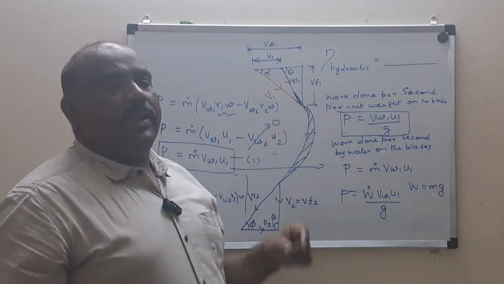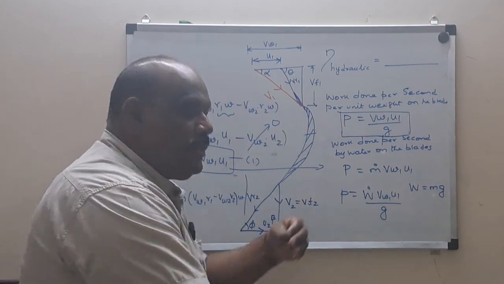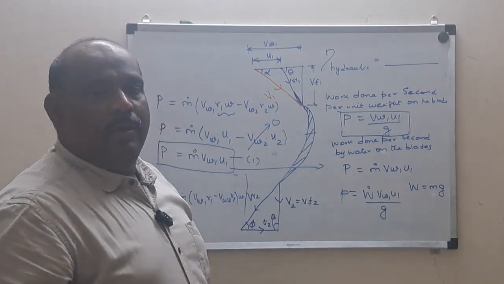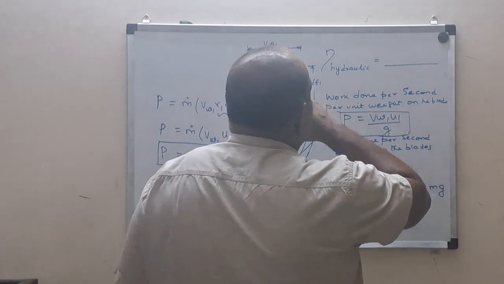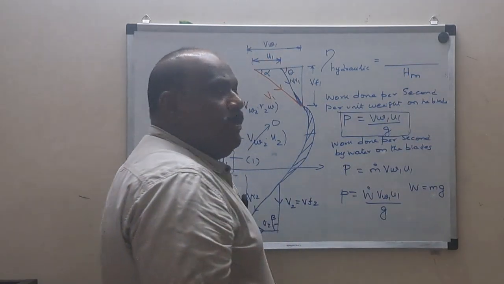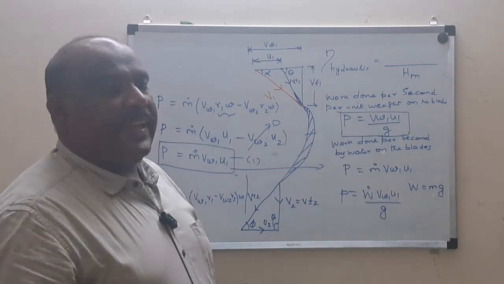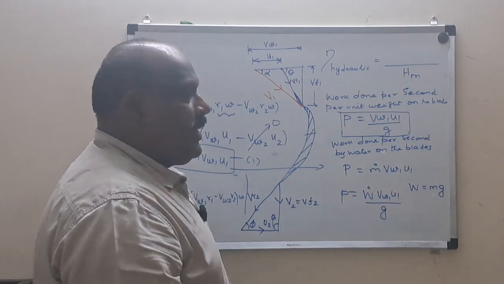Now, as I told you, the hydraulic efficiency is nothing but what is the head available at the inlet, and because of that head, how much the blade is rotating. So the input is the manometric head, how much head is available. The output is the power developed per unit weight per second, or the work done per second per unit weight.